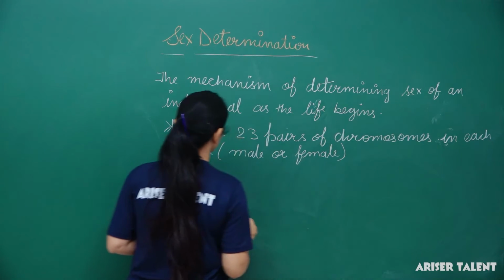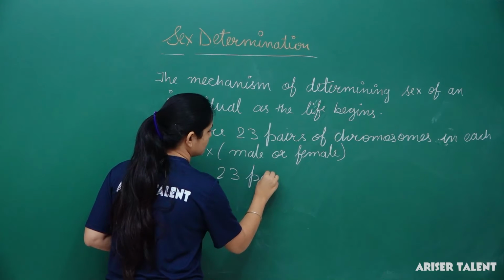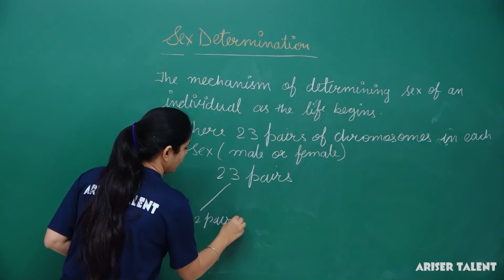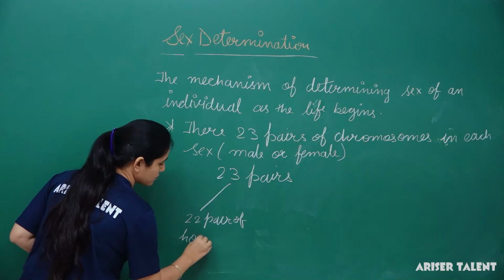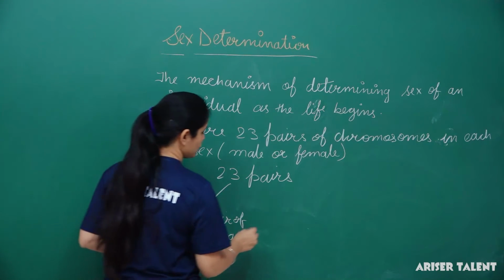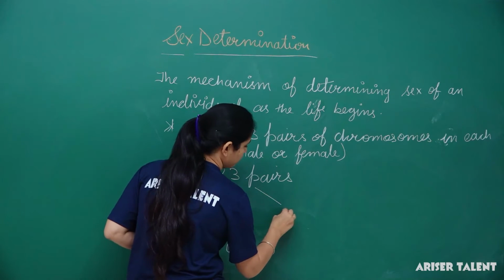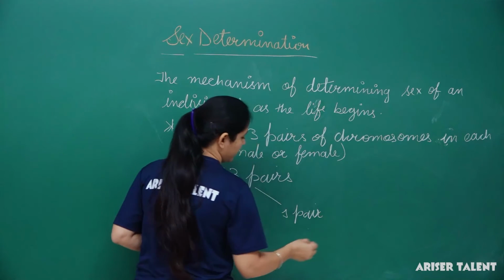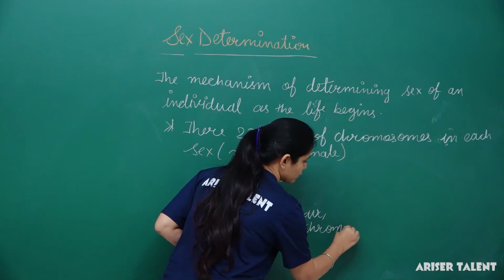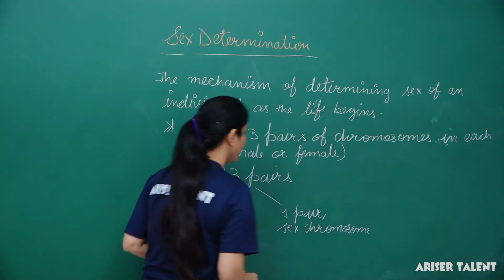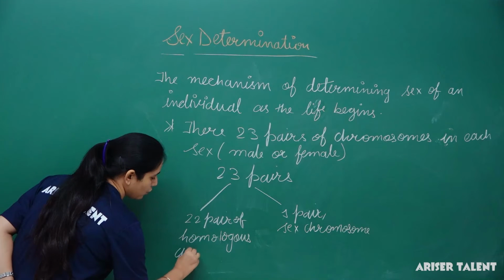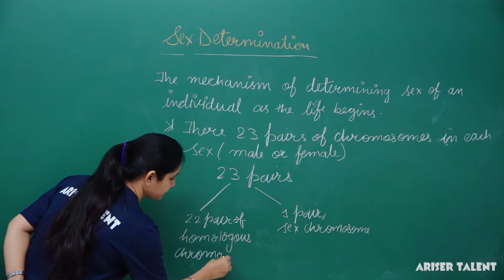Out of 23 pairs, 22 pairs of homologous chromosomes are there, and one pair is known as the sex chromosome. One pair is the sex chromosome and 22 pairs are homologous chromosomes, which are common in both male and female.